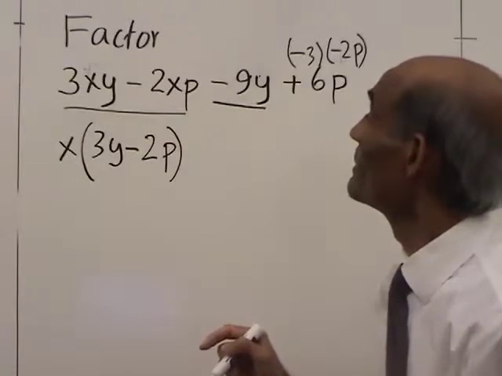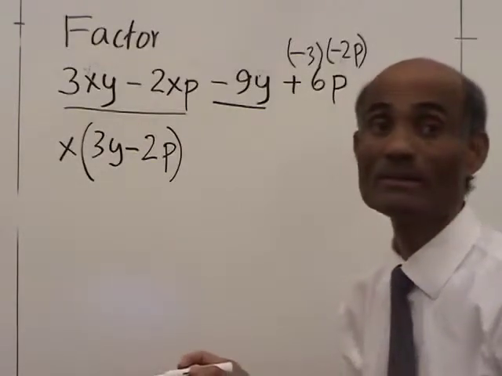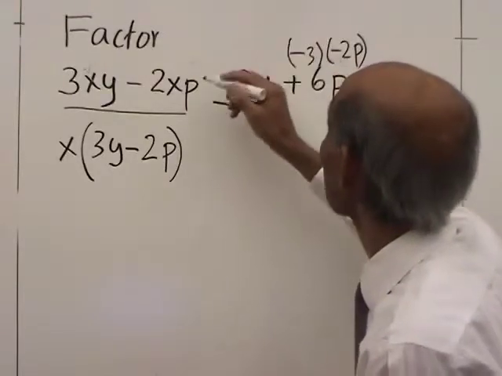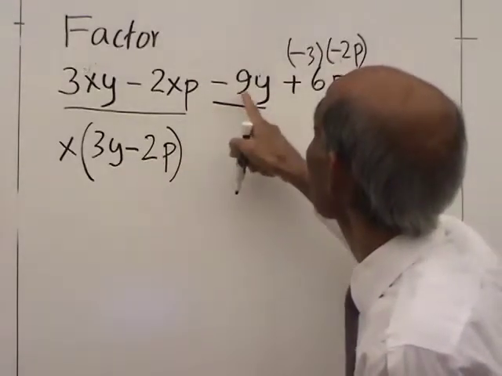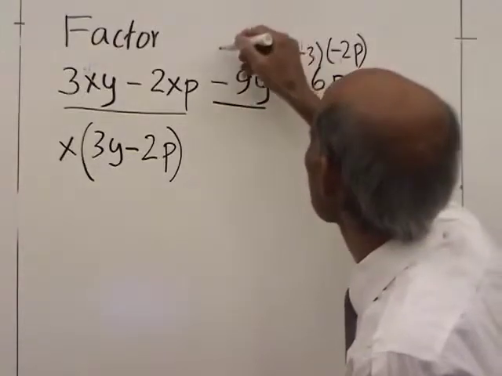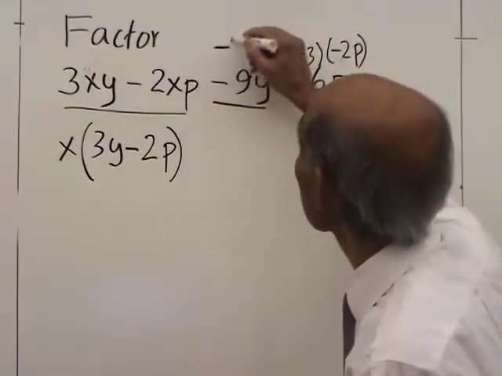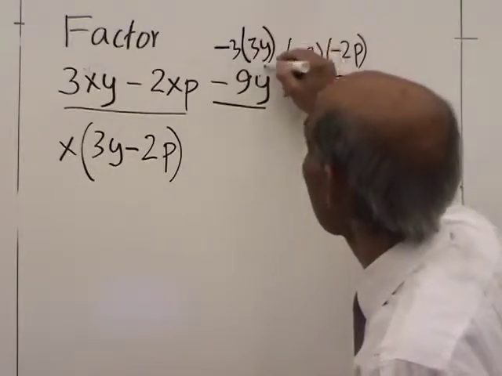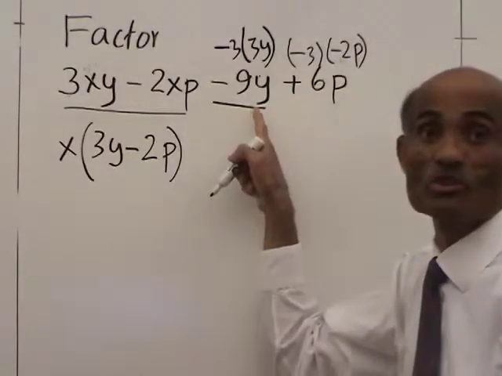And how will you write this negative 9y to produce a positive 3y here? Well, can you write it that way? I'm going to write this as negative 3 times positive 3y. Now, do you understand that?